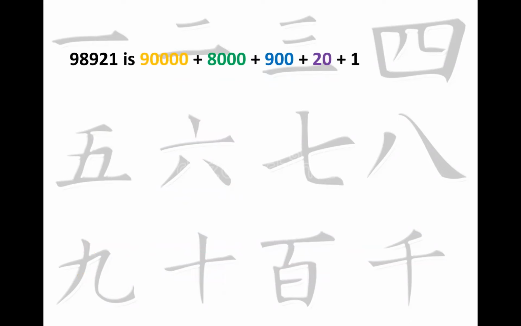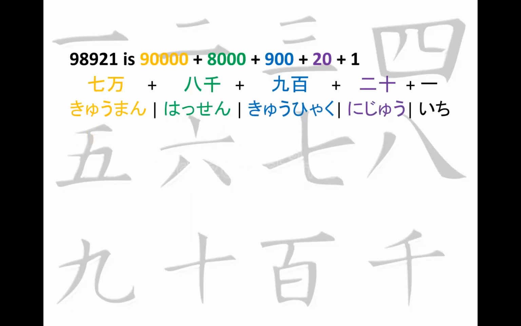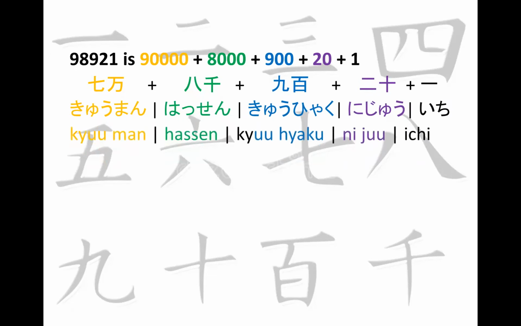Now, how about 98,921 in Japanese? Wherein we have 90,000 and 8,920 and a 1. What do you think? Are you ready? Okay.